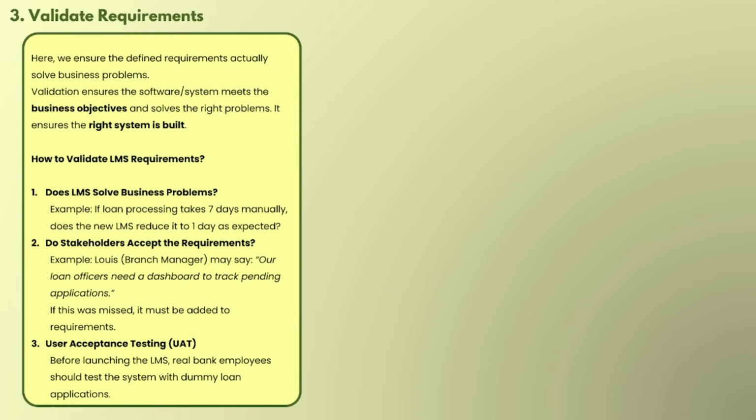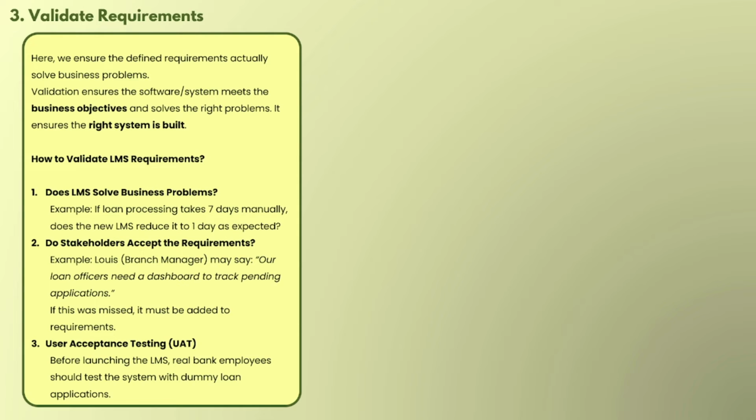If the stakeholder does not accept the requirement we have written, then we need to improve that requirement or make the changes as suggested by the stakeholder. Let's take an example. Luis, who is a branch manager, may say that our loan officers need a dashboard to track pending applications.